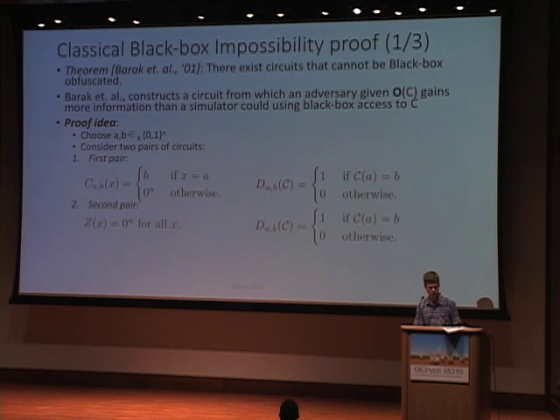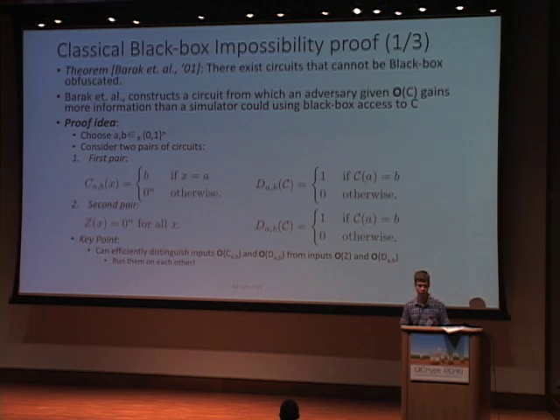All right, and here's the key point. Why did we just define these circuits? Suppose someone handed to you either the obfuscation of the first pair of circuits, the obfuscation of C and the obfuscation of D, or the obfuscation of the second pair of circuits, the obfuscation of Z and the obfuscation of D. I claim that there's an easy way to tell these apart, even if I don't know A and B. The answer is obvious: run them on each other.